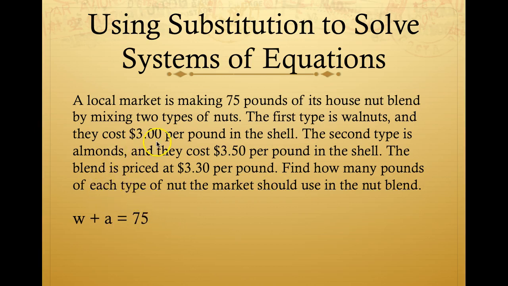Next, let's look at the price for the walnuts, the price for the almonds, and the price for the total. We're going to take these dollar amounts and multiply them by each one of these terms to get us our second equation.